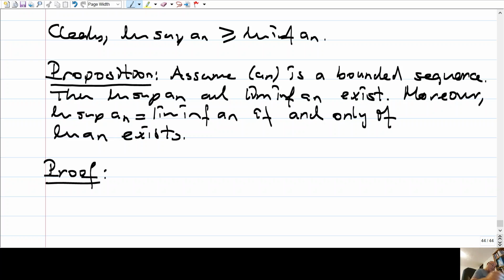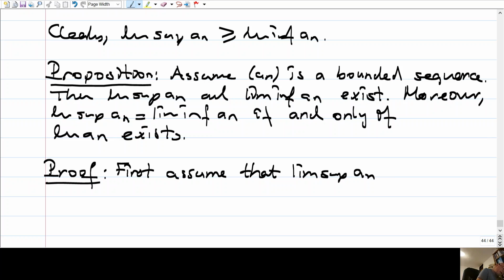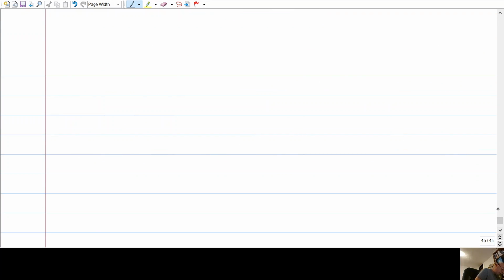Alright, so let's prove, for example, this direction first. Assume that, so we already assume it is bounded, that lim sup an is equal to lim inf an. What are we going to prove?